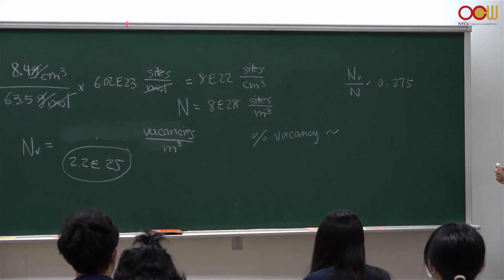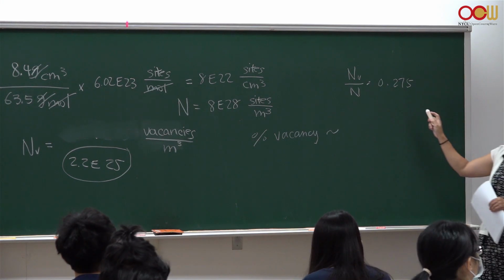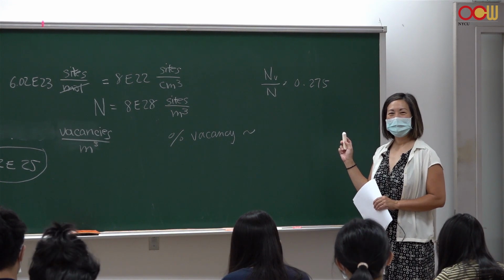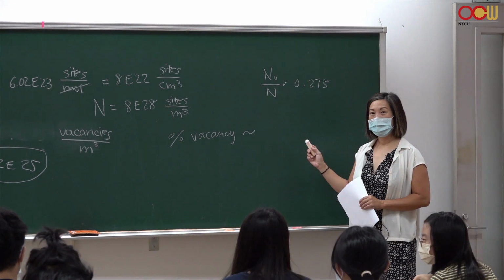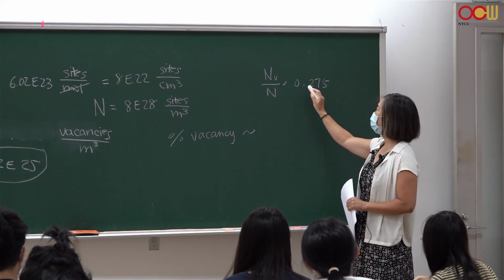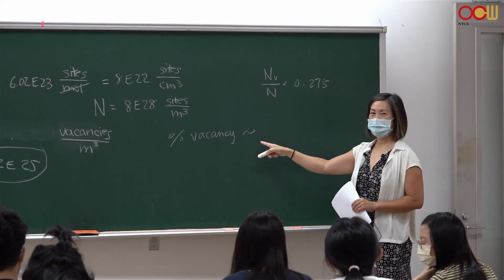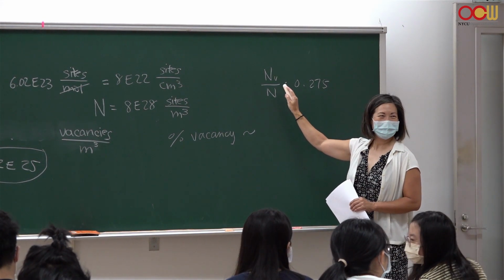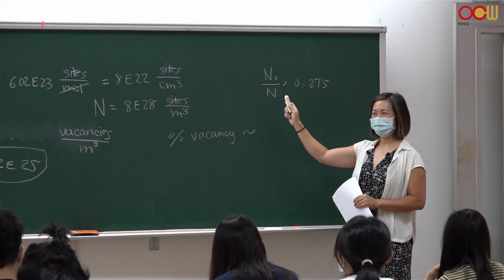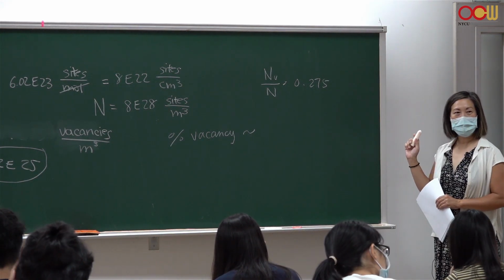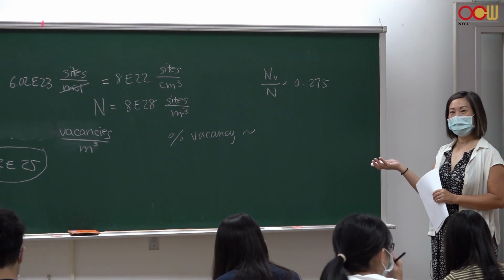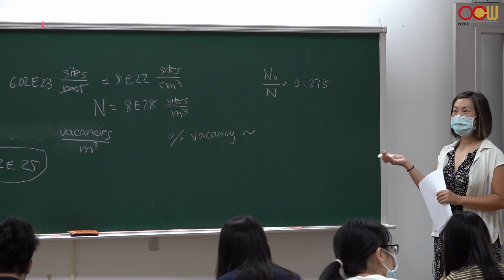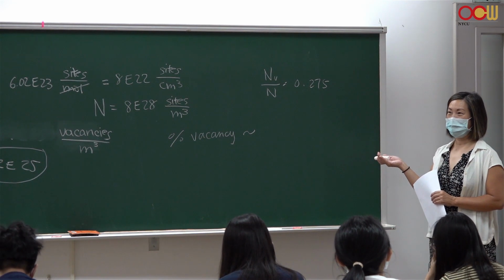And so if you were looking at percentage, what is the percentage of vacancies? Do you move the decimal to the right or to the left? A good way to figure that out is 100% is 1 over 1. So 1 is 100%, right?